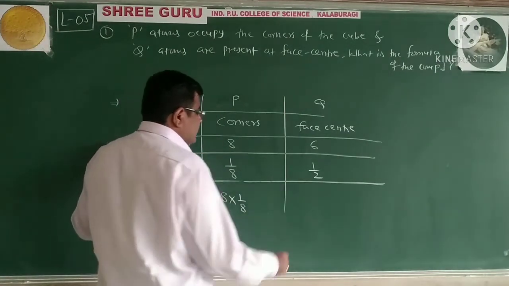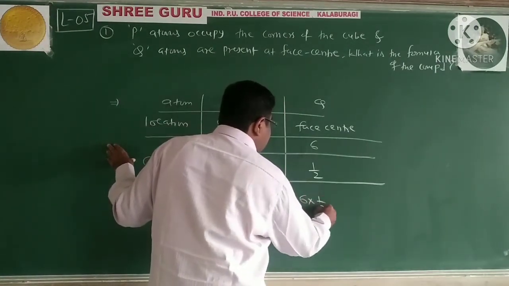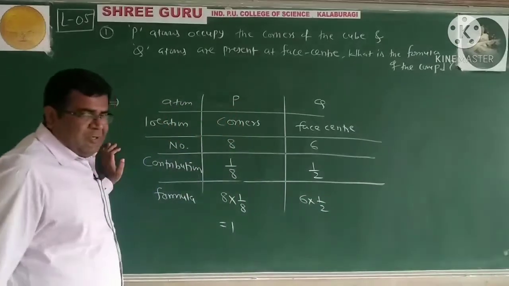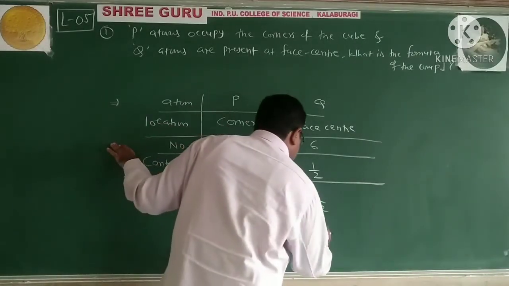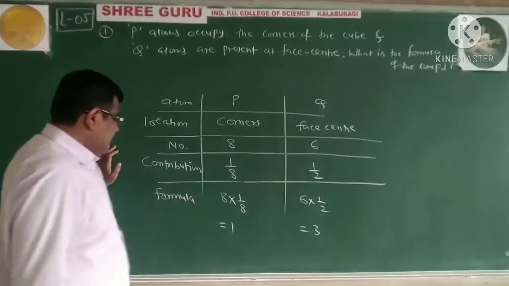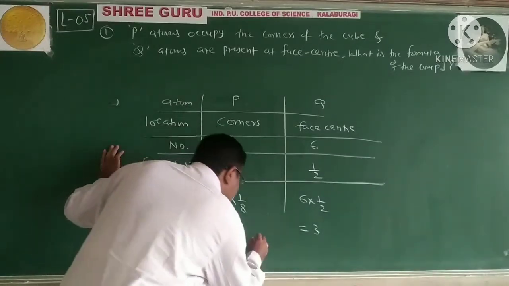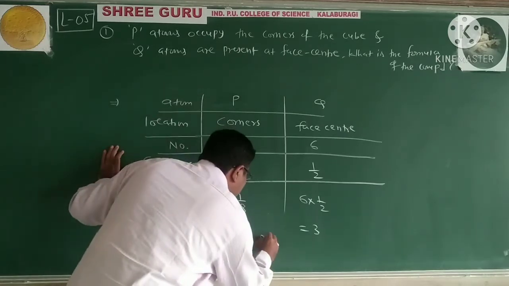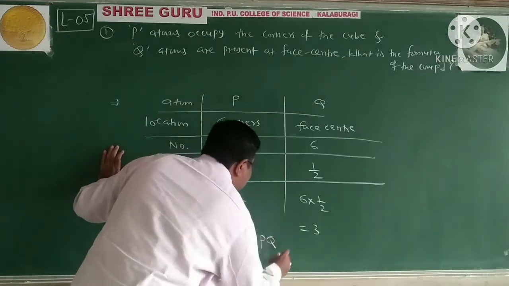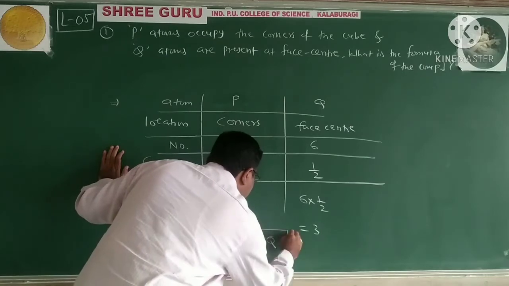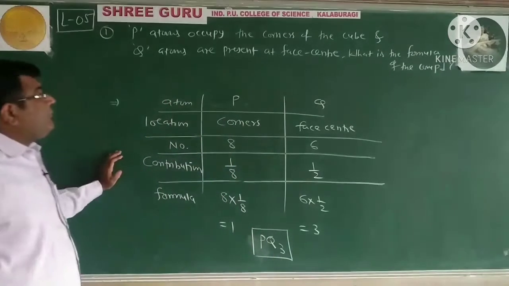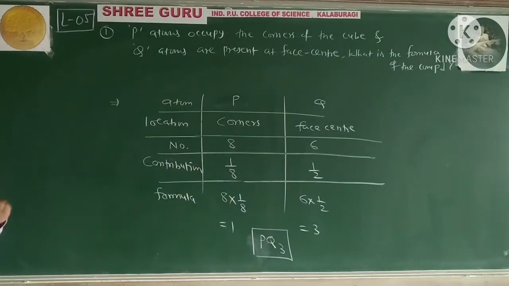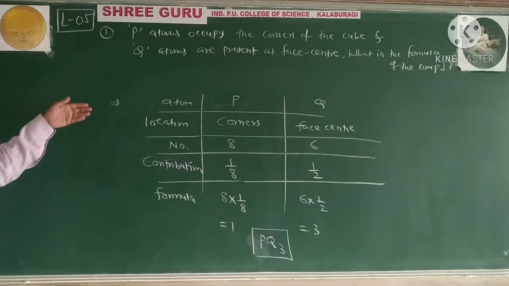And there are 6 atoms and their contribution is 1 by 2, so that equals 3. That's why you can say the formula is P Q3. So PQ3 is the formula of this particular compound, of which the description is given in the question.